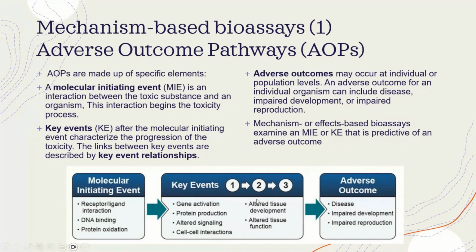These key events then are tied to organ effects and organism effects that over time result in the adverse event within that organism. Some disease affecting development, affecting population size if you're looking at wildlife species. So this is a very easy framework that we can go through.